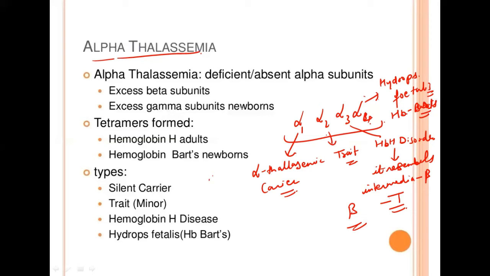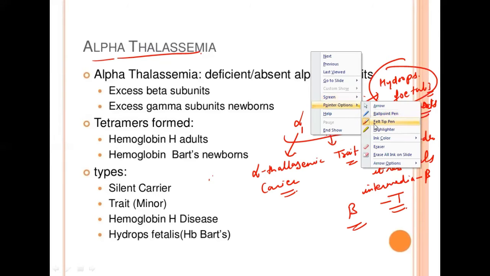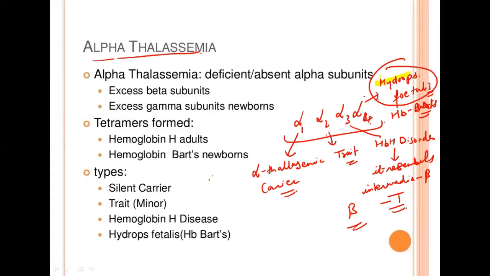So alpha thalassemia is the most common cause of non-immune hydrops fetalis, right? Again, remember this. So in alpha thalassemia, there is deficiency or absence of alpha subunits, sometimes excess beta subunits, sometimes excess gamma subunits in the newborns, right?